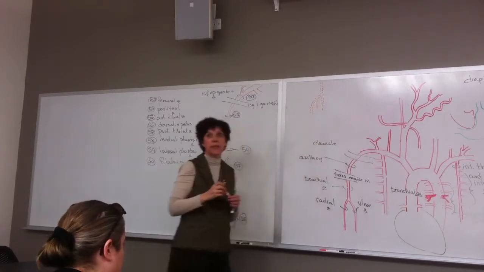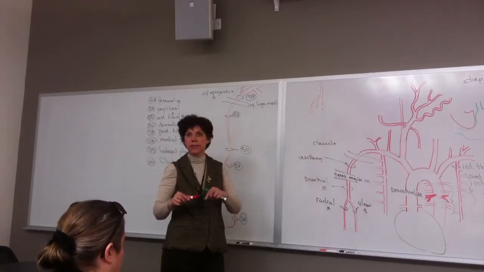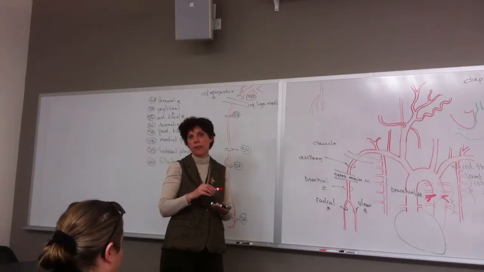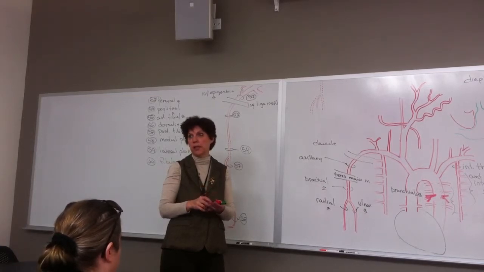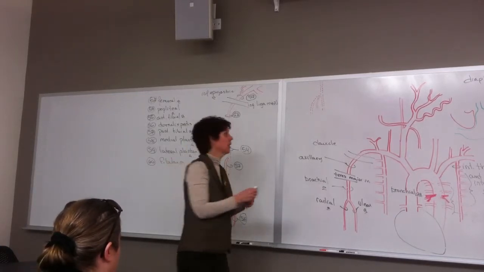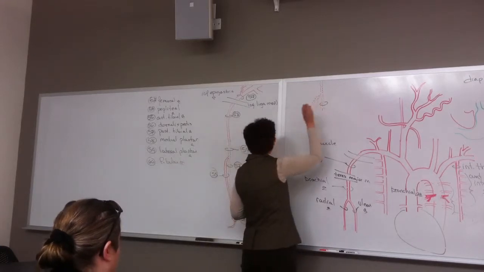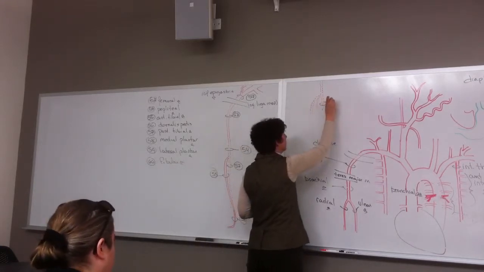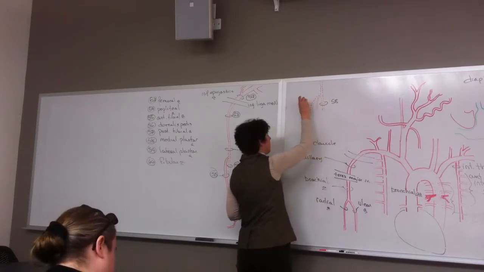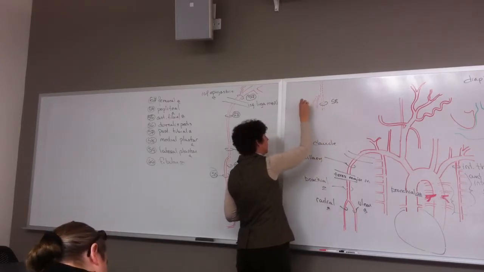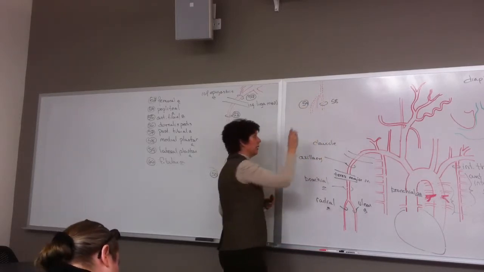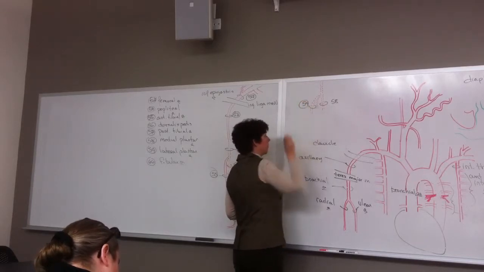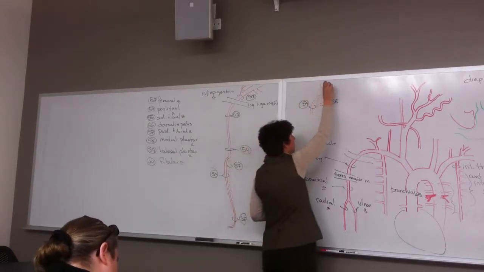So if the top surface of the foot is dorsal, the bottom surface of the foot, instead of using the word ventral, we use the word plantar. So this is going to be the medial plantar artery. And this is going to be going to the little toe, the lateral plantar artery. And this would be posterior tibial.